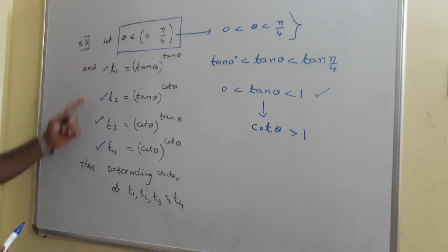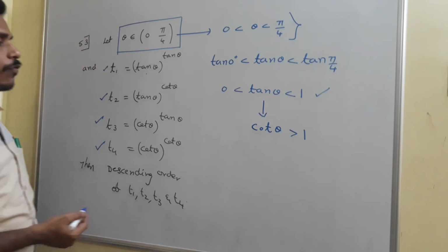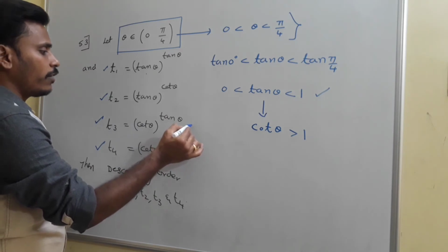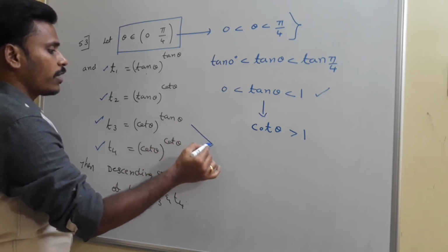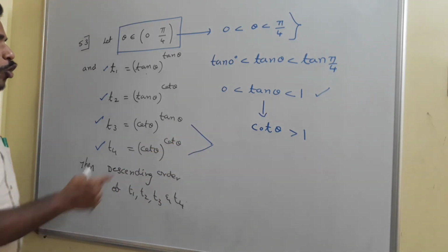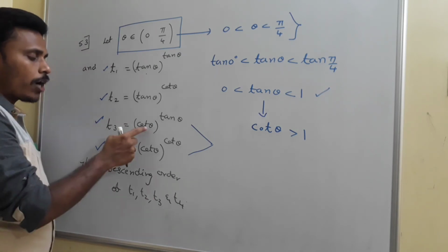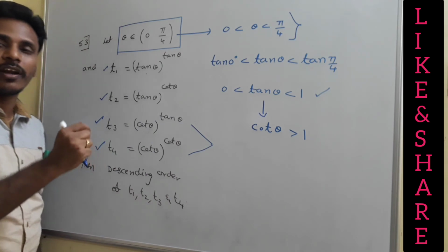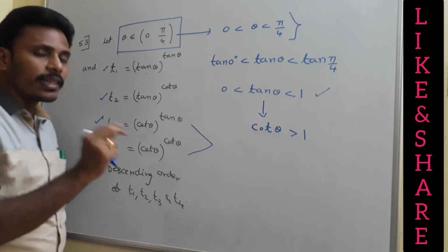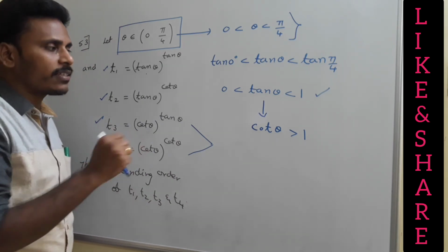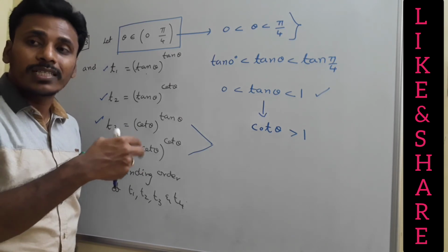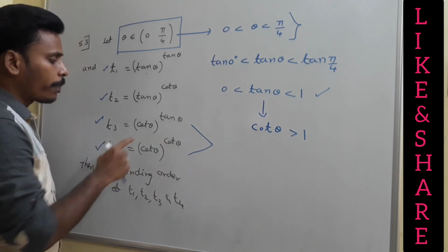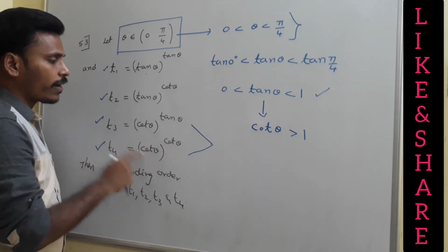Right? And now we need to arrange them in ascending order. First of all, you just think about this T3 and T4. Look there, cot theta is the base. Cot theta is a number which is greater than 1. We don't have any exact values here, but your logical skill works here.